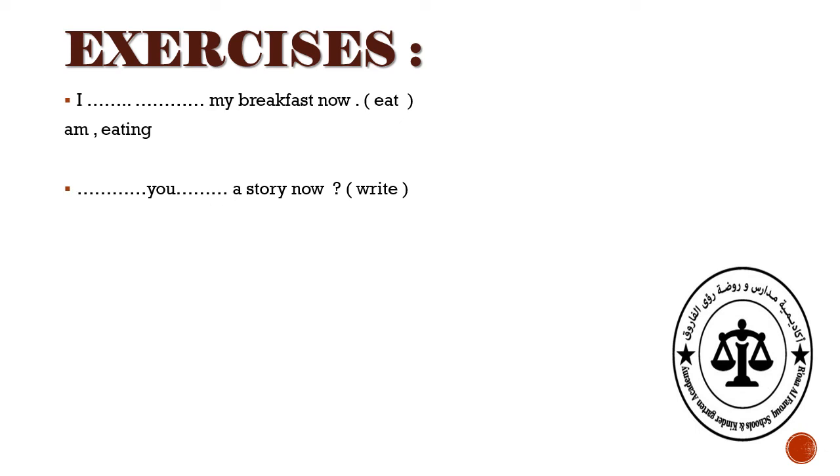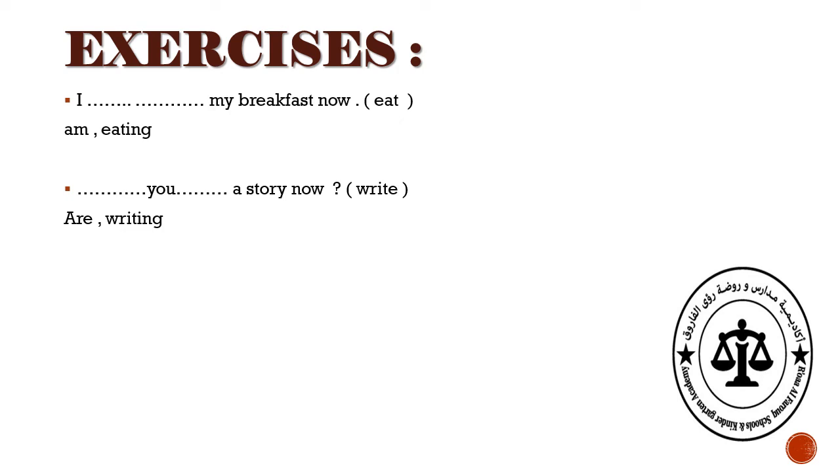So we have to start by using the helping verb. You is a plural pronoun, so we have to use are. Are you writing a story now? In the verb write, we deleted the letter E, then we added ing.